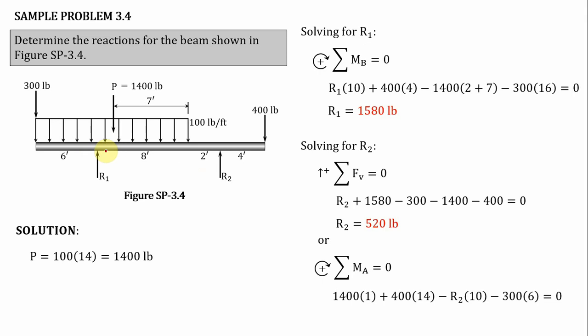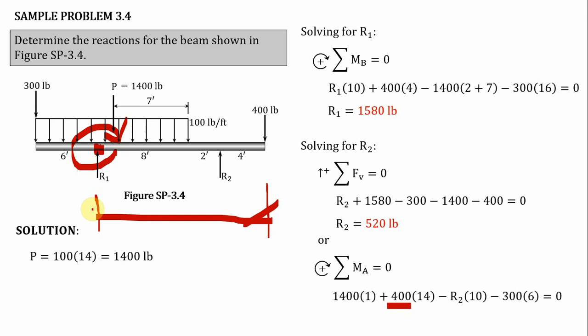When I take moment at point A, this force will create a clockwise moment, and clockwise moment is positive. So positive 400 pounds. What is the moment arm of the 400 pound force? That is 8 feet plus 2 feet plus 4 feet, equivalent to 14 feet. So plus 400 times 14 feet.